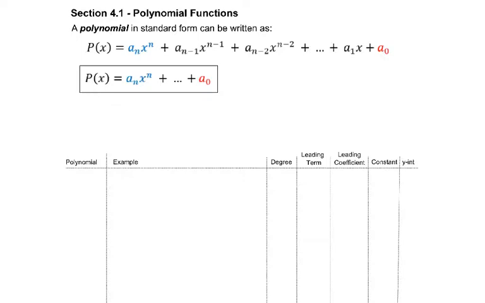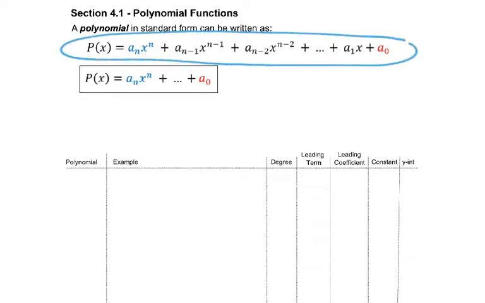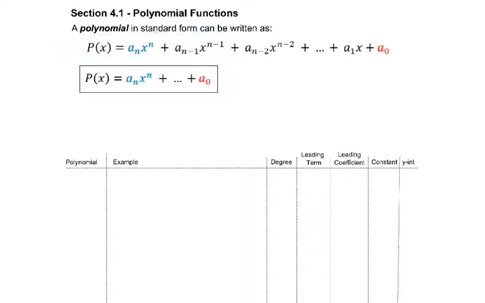All right, so we are going to talk a little bit about polynomial functions. And we have this big, long definition here when we talk about polynomial functions. And you don't really need to worry so much about that definition. It's just a standard, a general way that we can say that, hey, we've got this function and it's in descending order.